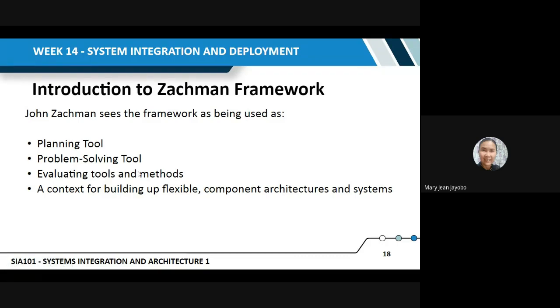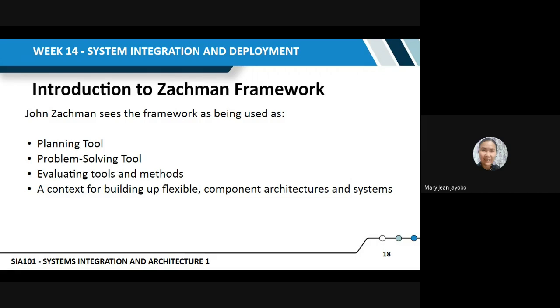So, taming the complexity of the business abstractions, enabling the isolation of individual business variables. Okay, so, ibig sabihin, when you map the plan in using the Zachman framework, you can easily see what are the problems that you may encounter at the end, or during the implementation. And then, evaluating tools and methods.